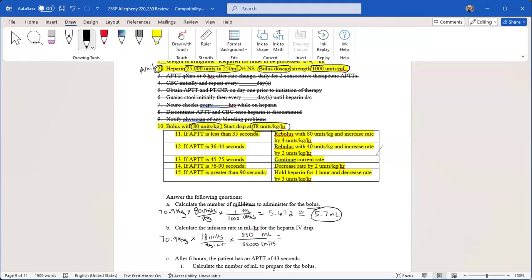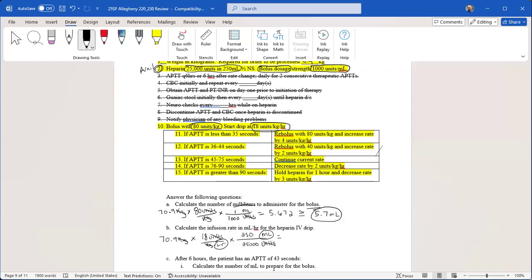Before I solve anything, I know I'm in milliliters per hour because I've canceled out all my other units. Again, I know some of you hate the dimensional analysis stuff, but that's what we're doing. So I'm going to take the 70.9 times 18 times 250, and I'm going to divide by 25,000.